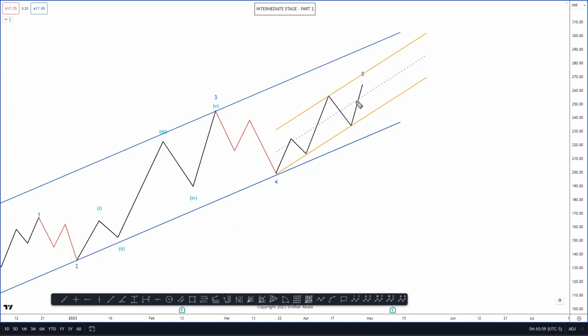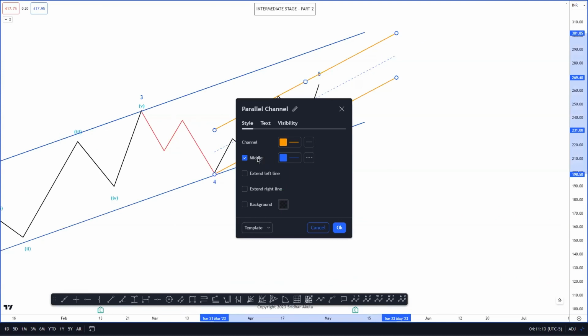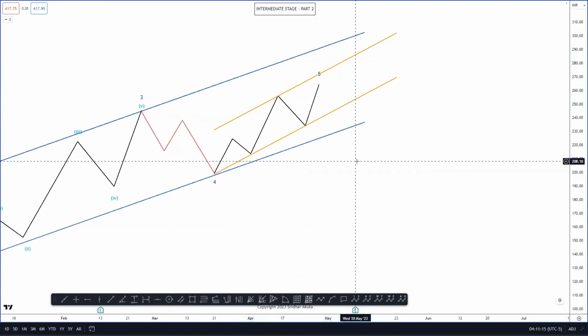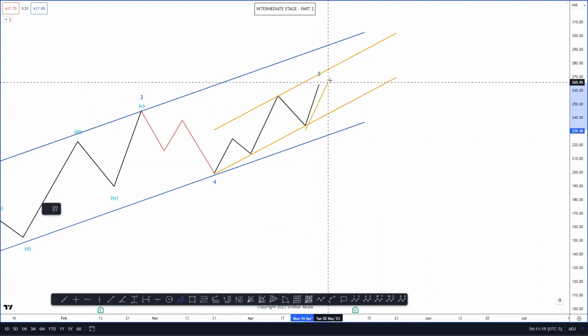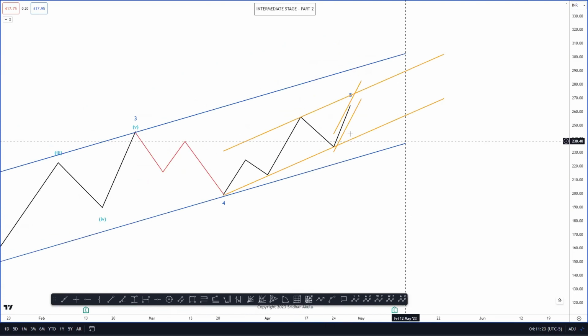Now, aggressive player, after wave 5 breaks, when this breaks itself, your wave 5 is finished. Okay, if the wave 5 parallel channel line breaks, you know it's finished. Now, a very, very aggressive player, if you know, yes, the market is moving in wave 5.5, you can also draw a parallel channel line for wave 5.5.